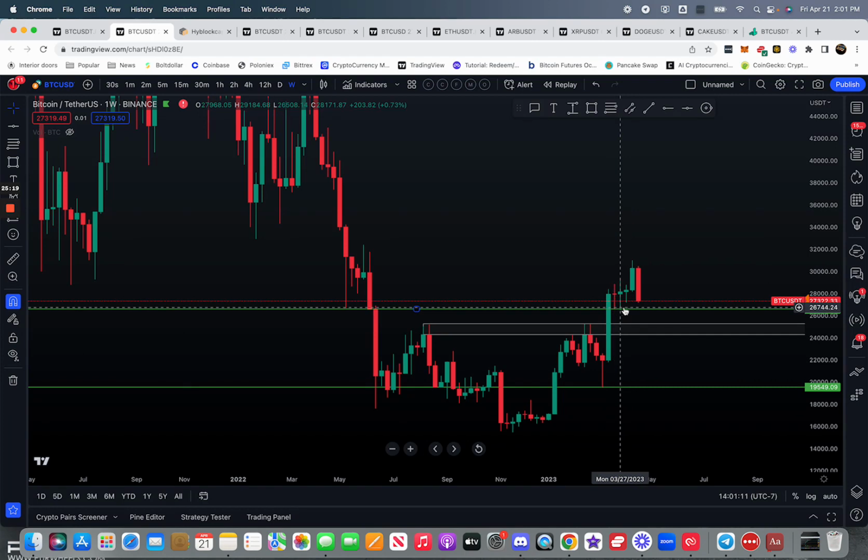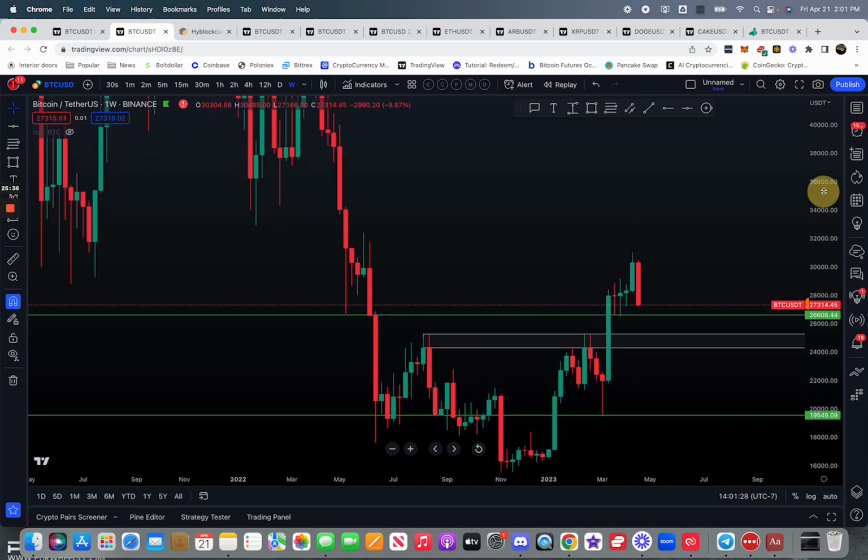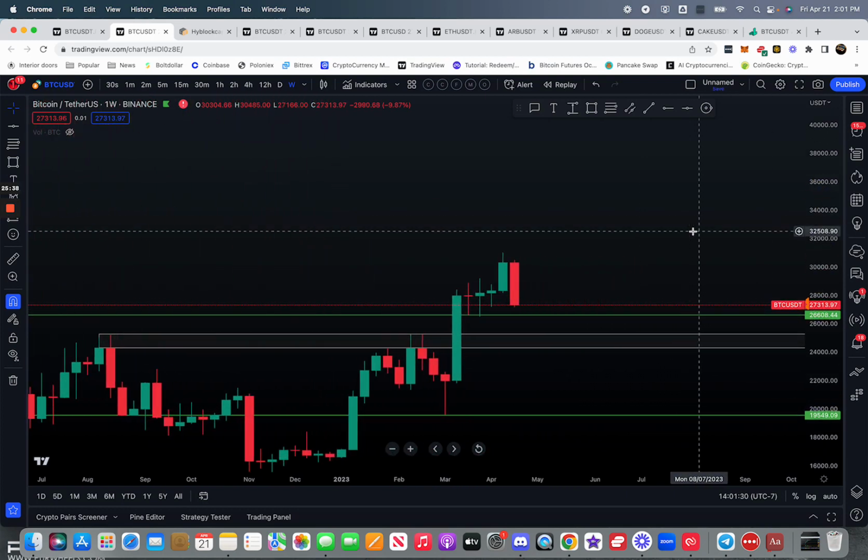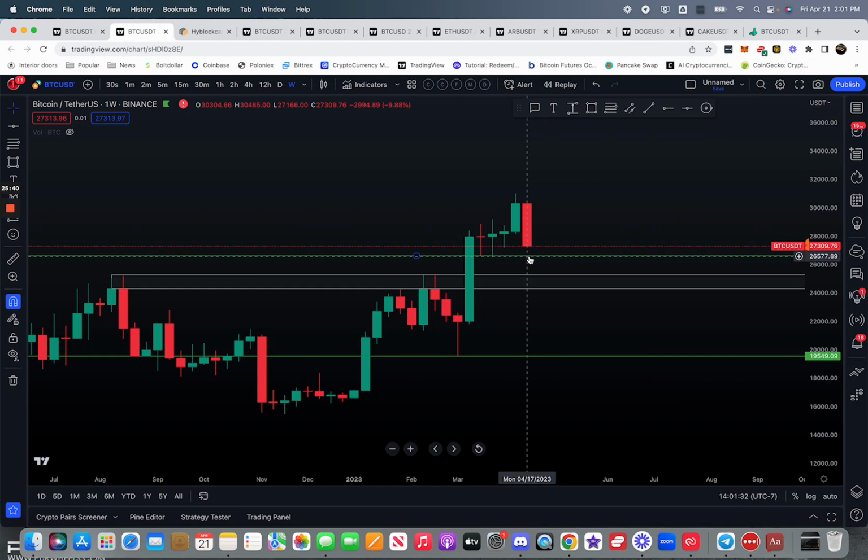So as you're moving forward, you can now trust that this is going to be a strong area of support, and more often than not, it'll at least pause any type of dump that may come. Doesn't mean it's guaranteed to hold the price action and continue. No, but it at least gives you a target. So if you're trading or scalping, it's a good chance that you can exit here and get filled.